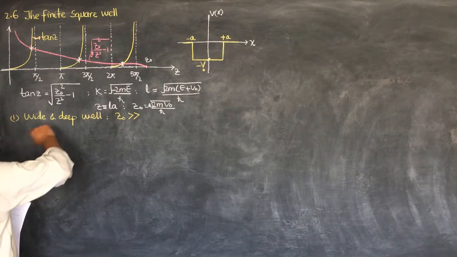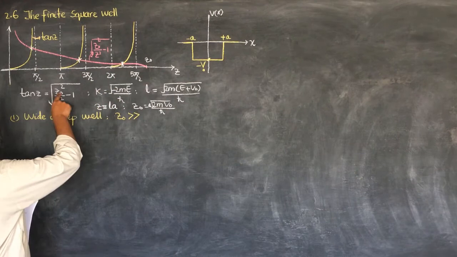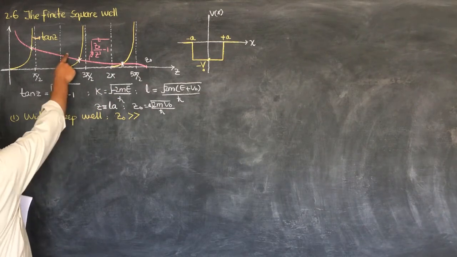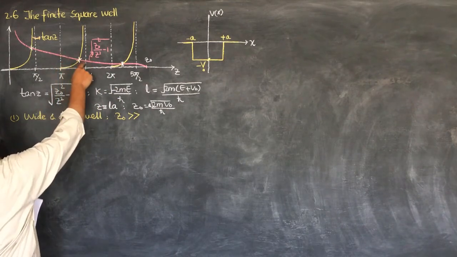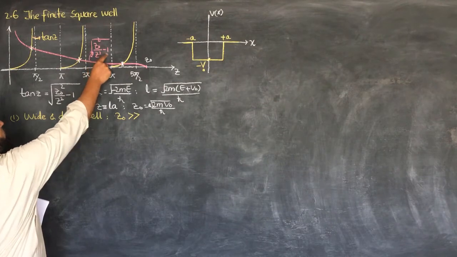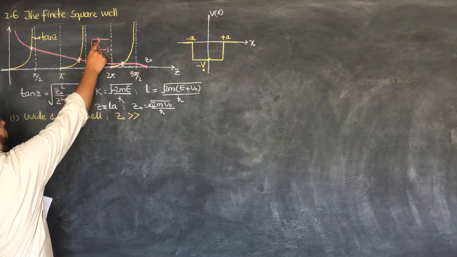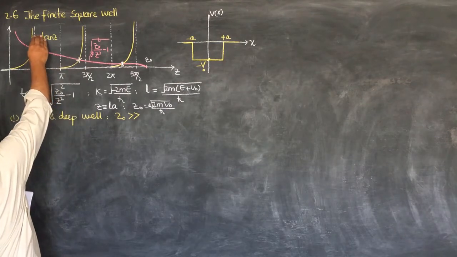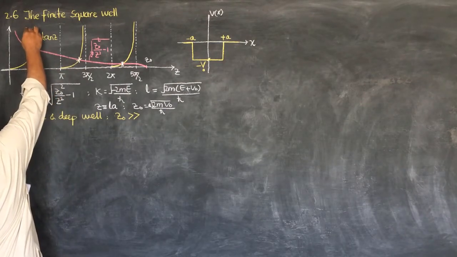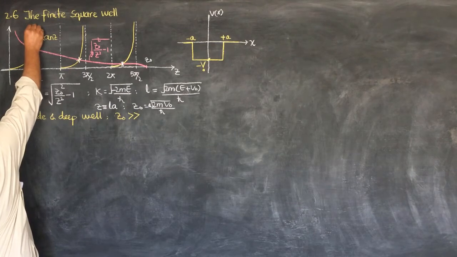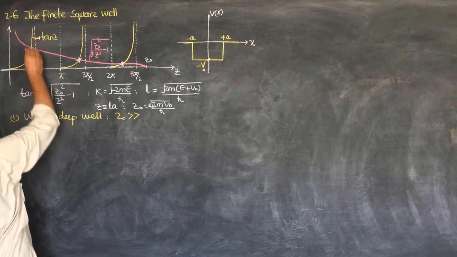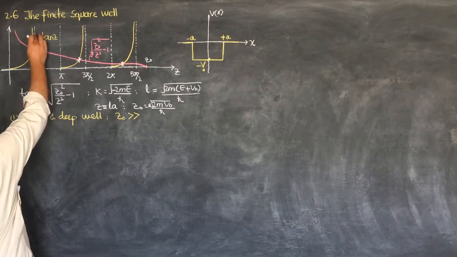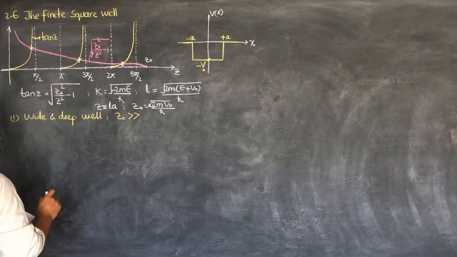So think, when z naught is very greater, this line, the pink line, is actually z naught by z square minus 1. When z naught will be very greater, then this line will move up and we will have our intersection point somewhere very close to this pi by 2.